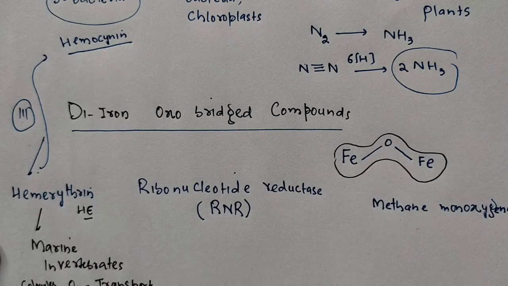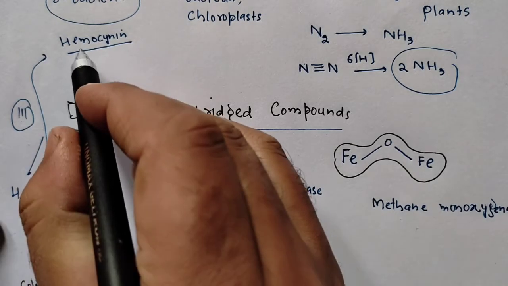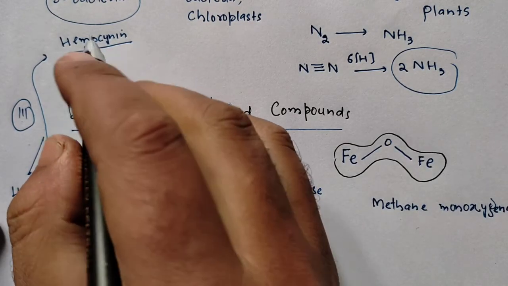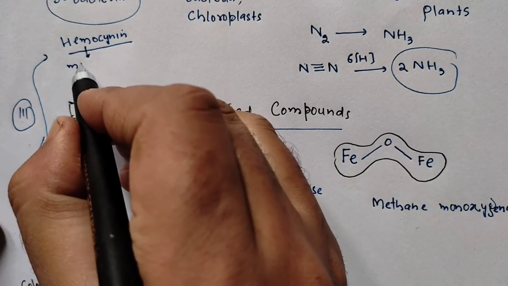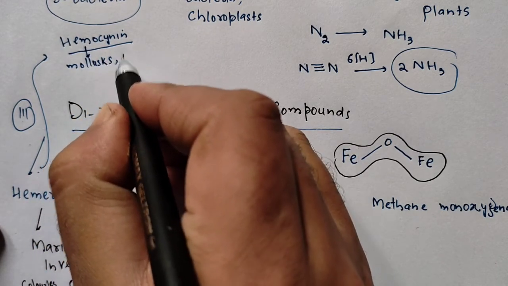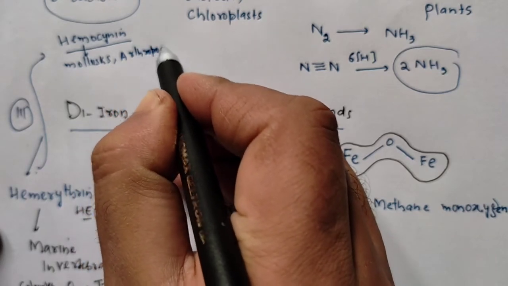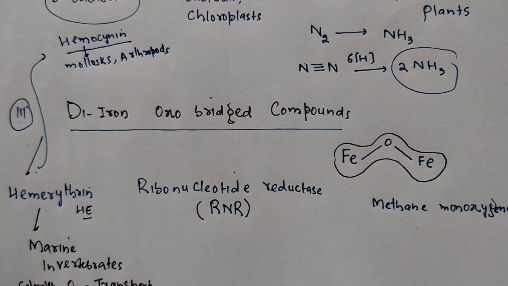Hemocyanin is another pigment which has an important role in oxygen transport, but it is present in mollusks and arthropods, insects. They contain the pigment called hemocyanin.